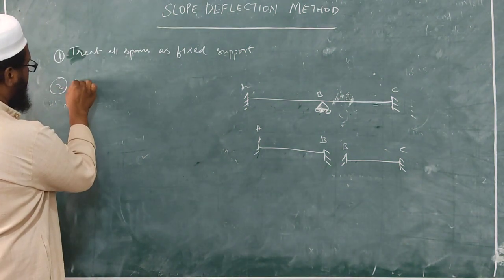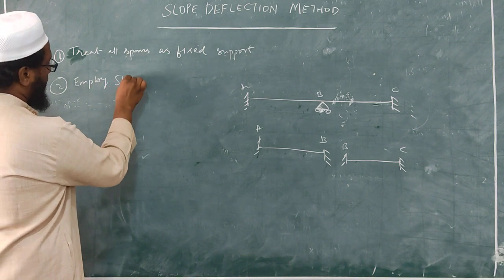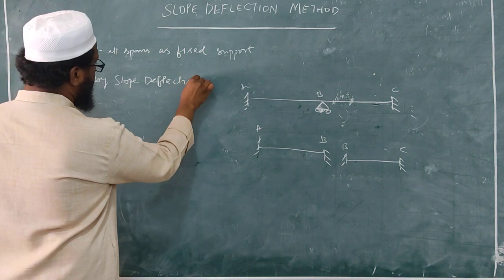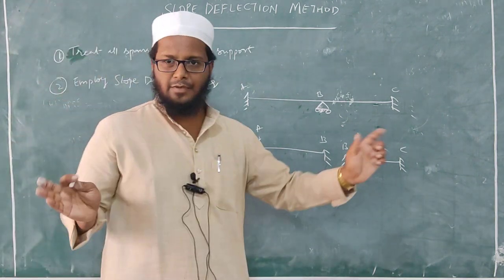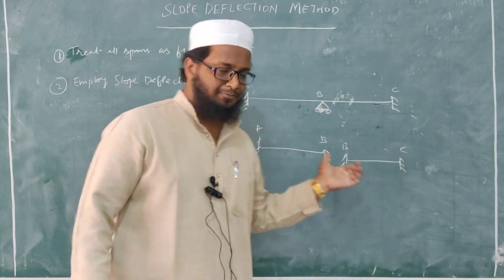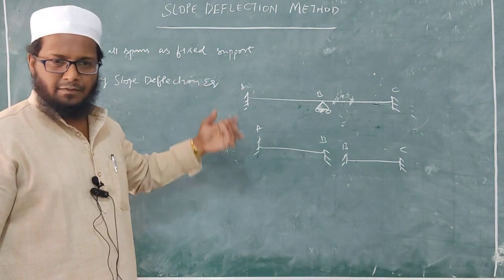Okay. After that, we will employ the slope deflection equation. We have a slope deflection equation, okay? We will use that equation after calculation of fixed end moments. Okay, what are those things?